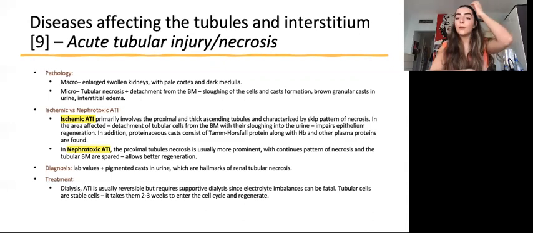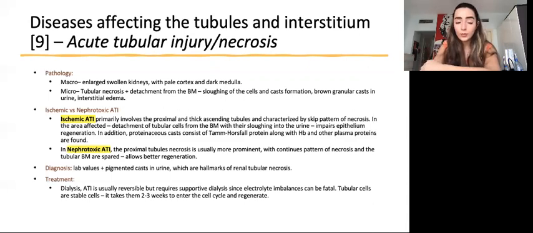So due to the tubular basement membrane being spared, you have a better chance of regeneration in nephrotoxic acute tubular injury. The diagnosis is through seeing if the casts are visible in the urine, the lab values, and just general symptoms. Treatment, you can perform dialysis.